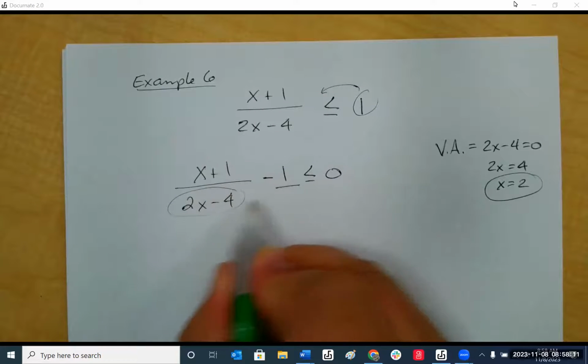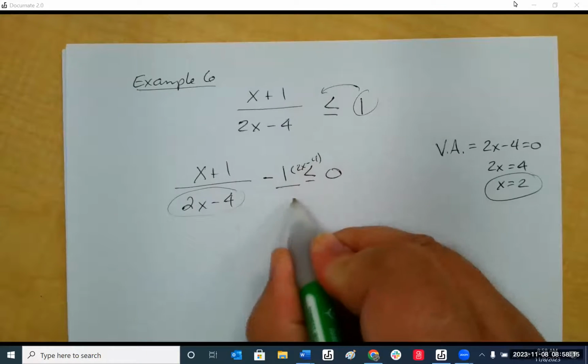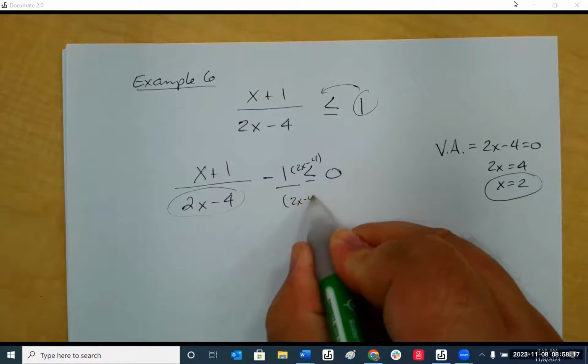This one has a 2x minus 4, so we need a 2x minus 4 on top and a 2x minus 4 on the bottom.